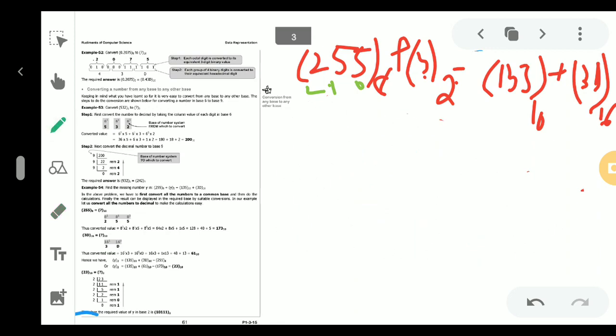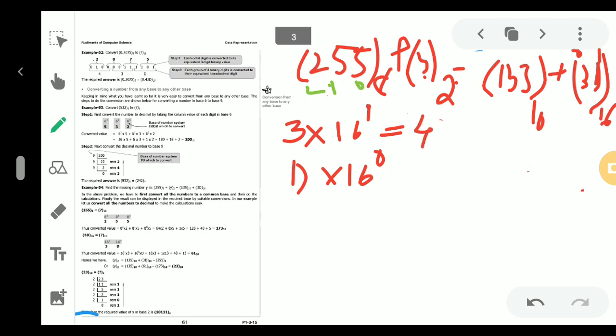So 3d, if you put the positions 0 and 1, then we are multiplying 3 into 16 to the power 1, and d into 16 to the power 0. 3 into 16 to the power 1 means 16 into 3, that is 48.